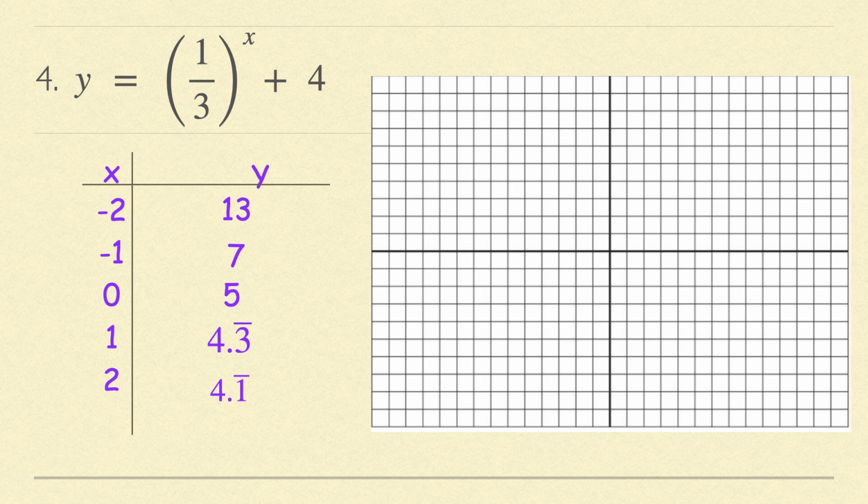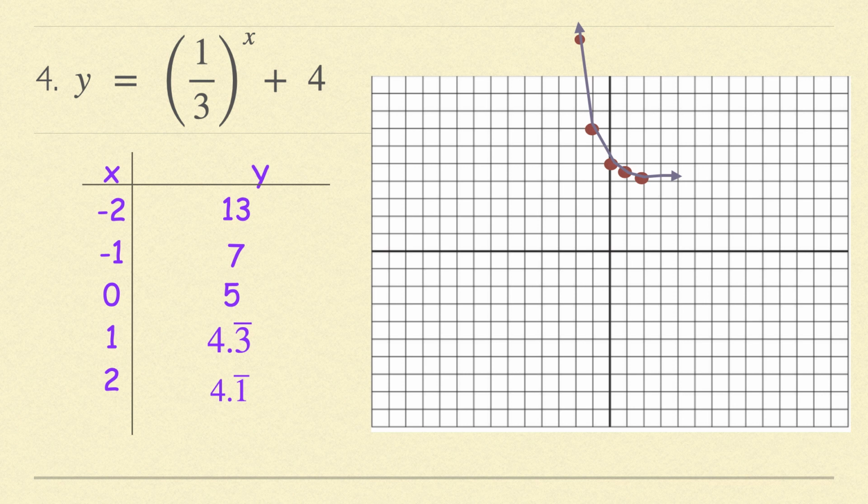On my particular graph, I don't have 13, but I'm just going to put it in up here somewhere. So -2, 13; -1, 7; 0, 5, that's my y-intercept, by the way; 1, 4.3; and 2, 4.1. And there's my line, that's when it's curving.